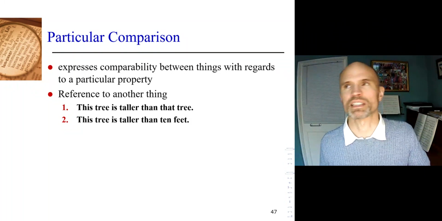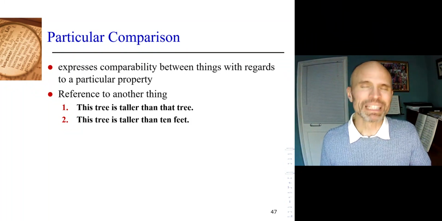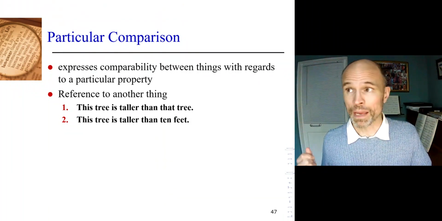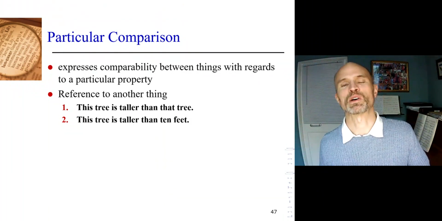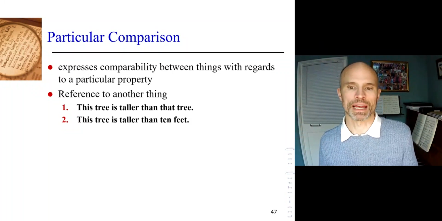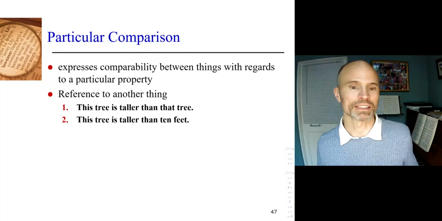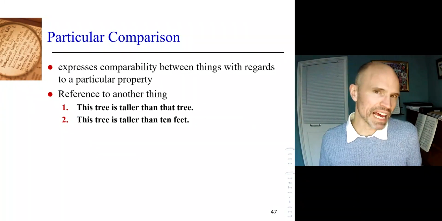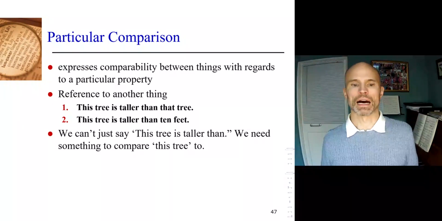I'm saying tallness instead of height because you're comparing the tall, because there's other ways to compare height, short, right? So on a scale of tall, A is more than B tree. On a scale of tall, A is more than B 10 feet. That's what you're always doing.